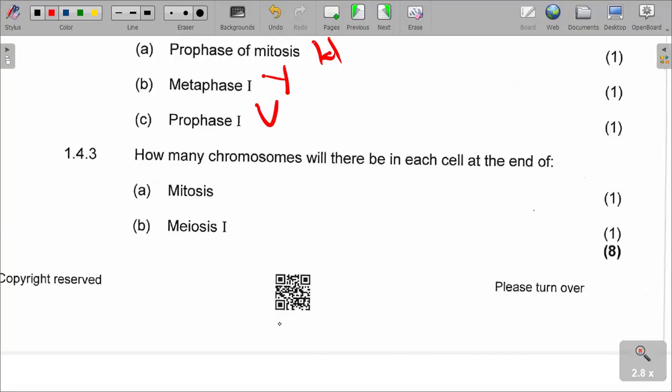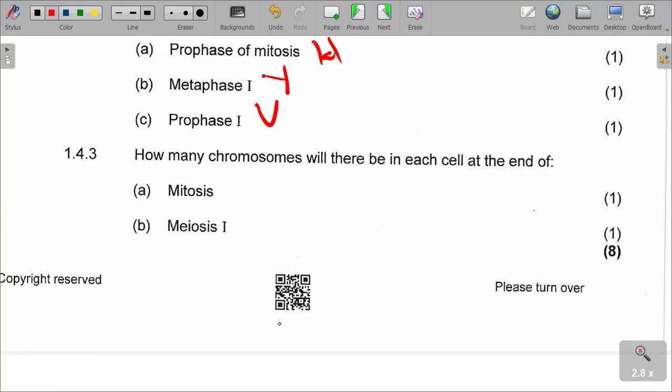And then, how many chromosomes will be in each cell at the end of mitosis? I want you to understand that the original somatic cell has 4 chromosomes, which is 2n equals 4.